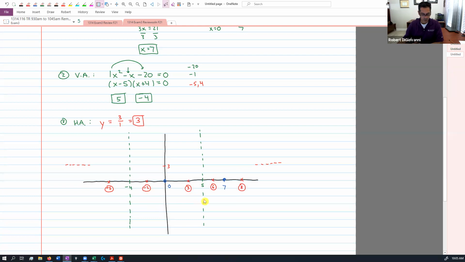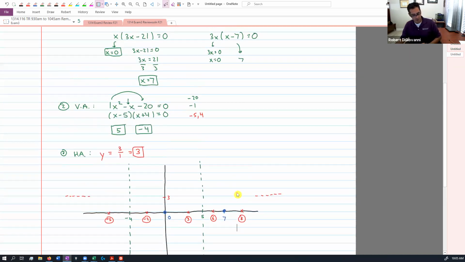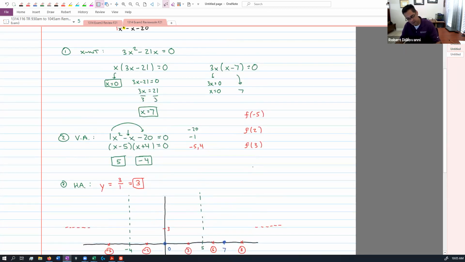So I have 1, 2, 3, 4, 5 test points. And now I plug those into my function. I'm going to do it up here. F of -5, F of 2, F of 3, F of 6, and F of 8.